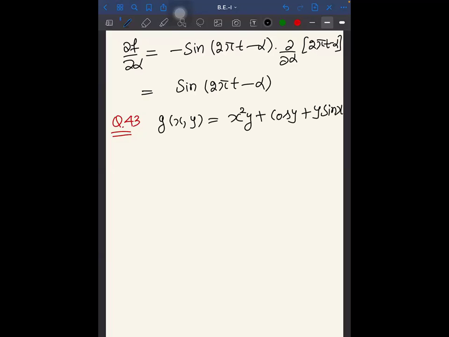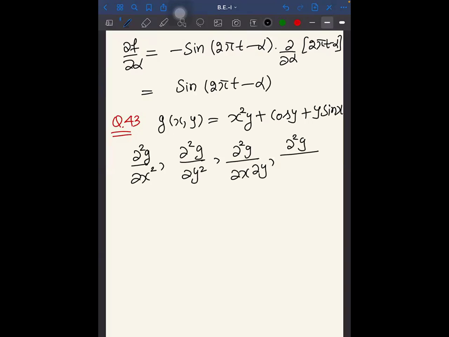We are asked to find all second order partial derivatives. All second order partial derivatives means what? That means ∂²g/∂x², ∂²g/∂y², ∂²g/∂x∂y, and ∂²g/∂y∂x. Right? So these are all the second order partial derivatives which we'll be determining.